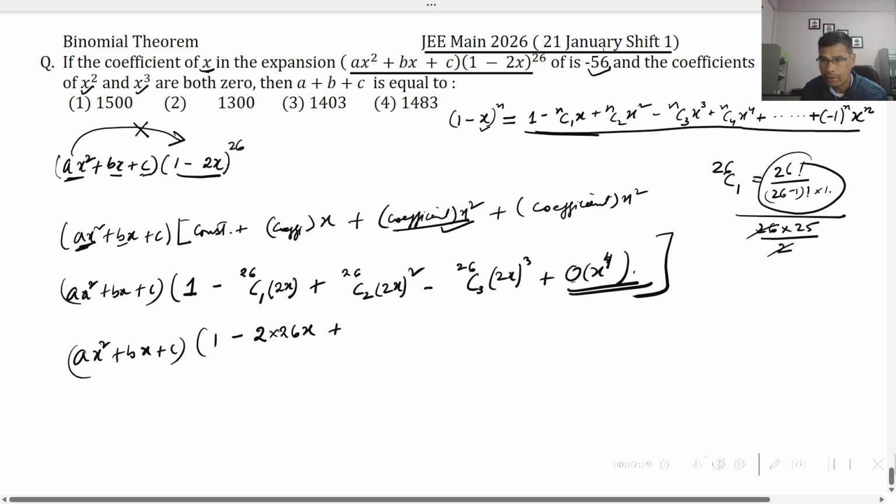So this and this cancel, giving 13 into 25 into 4, then x².